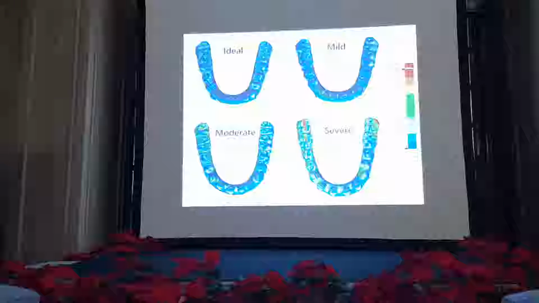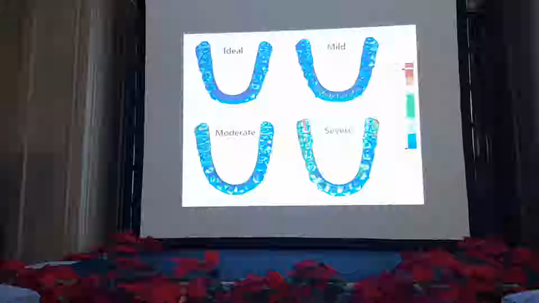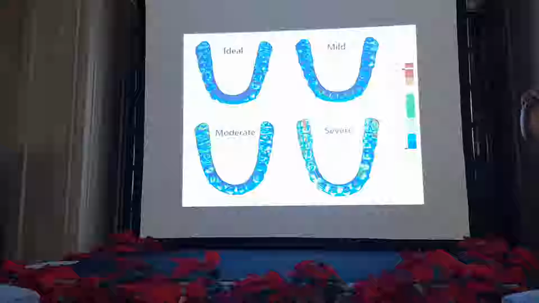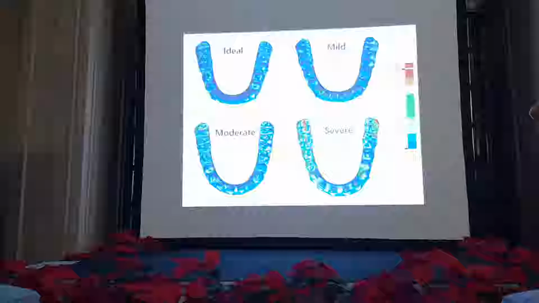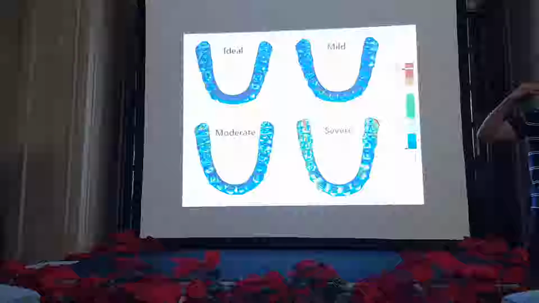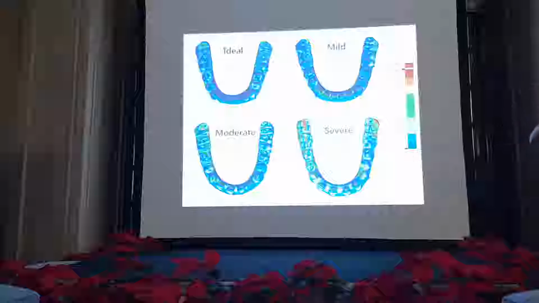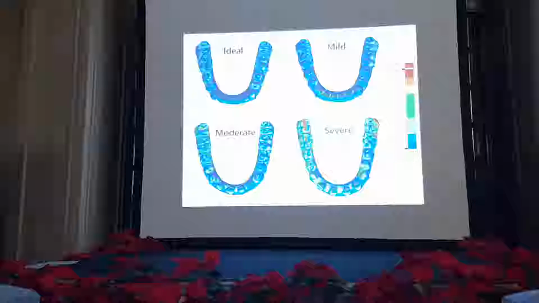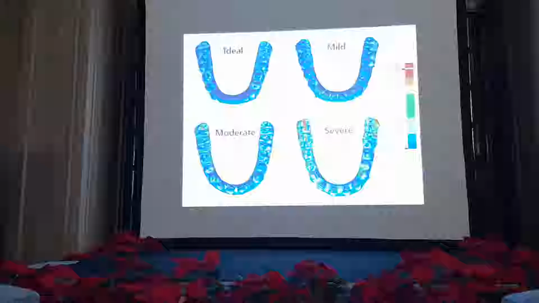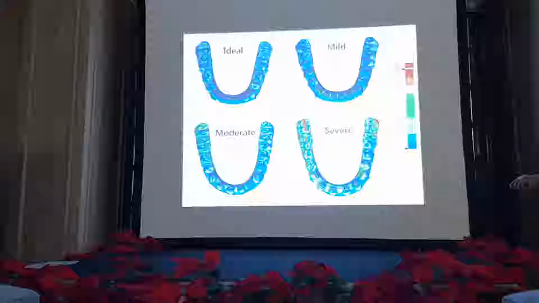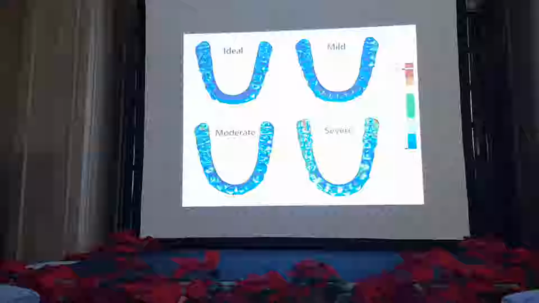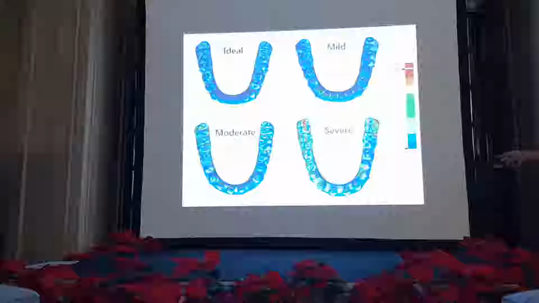Why is that? Because our intraoral scanner is like a camera capturing pictures, and it wants to map the pictures together. So if there's no landmark, no information, it will distort. Okay. The occlusal side of the anterior area is the incisal edge, right?